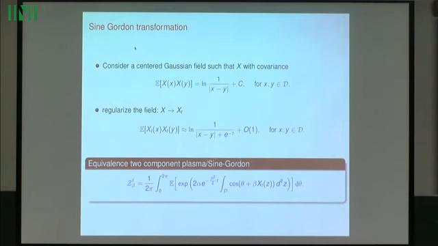Then you regularize your field with any reasonable regularization, so that the log is truncated. Once regularized, your field should have a covariance given by this kernel here. And the Sine-Gordon transformation is an exact relation that expresses the partition function of the two-component plasma in terms of this integral here, where this is the expectation with respect to your field.